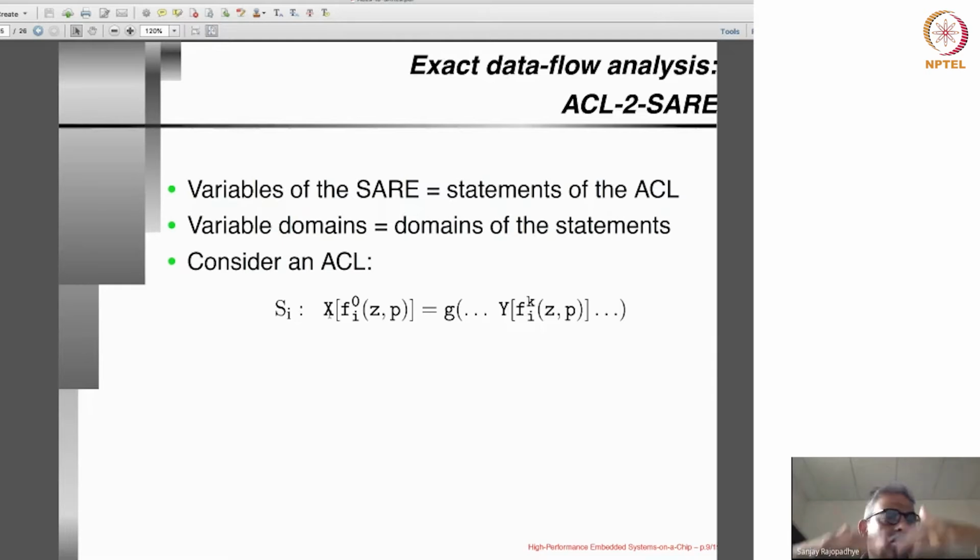And a linear function, go back, think about linear algebra, it is just a matrix. That matrix is what I'm calling F sub I superscript 0, and a compiler can just read the program and construct that matrix.